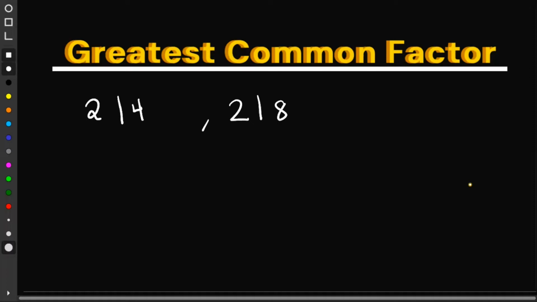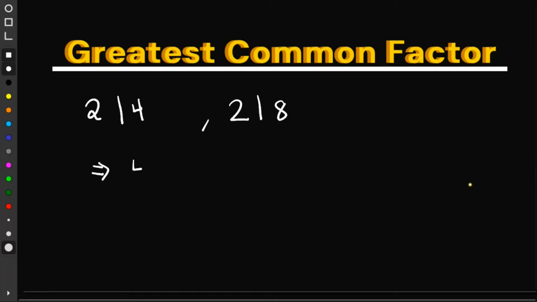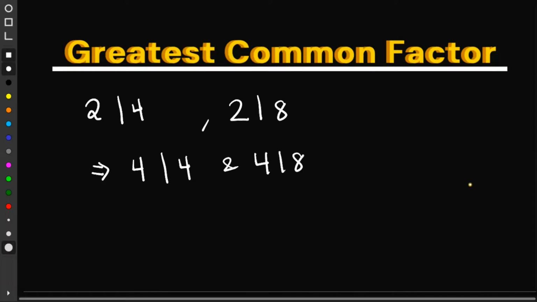So 2 is a common factor of both 4 and 8. But if we get the greatest common factor, in 4 and 8, their common factor is actually 4, since 4 divides 4 and 4 divides 8. So that is the difference between a common factor and the greatest common factor.